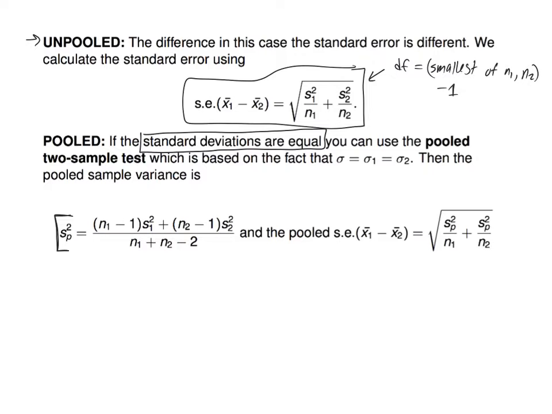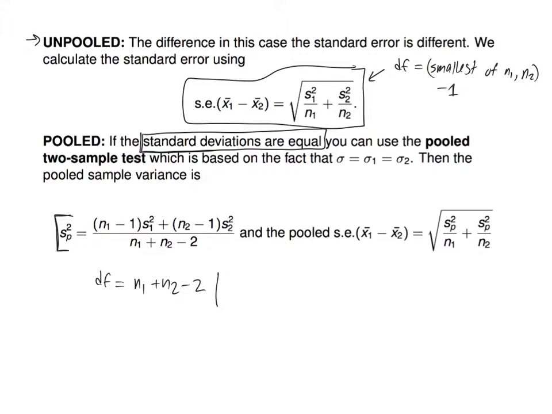If you do a pooled sample, you should only do this if the standard deviations are equal, which the standard deviations in your sample are never going to be exactly equal, right? But if they're about the same, then you could pool them together. An advantage of pooling them together is that the degrees of freedom is now N1 plus N2 minus 2, minus 1 for each of them.